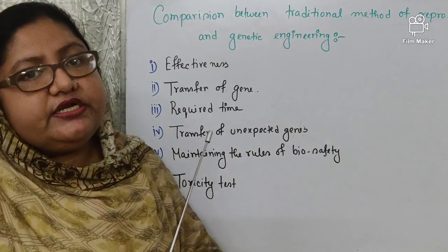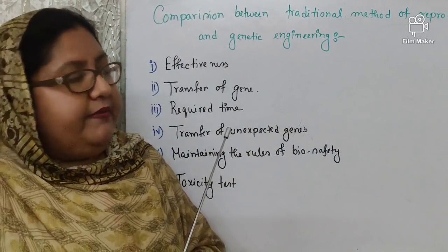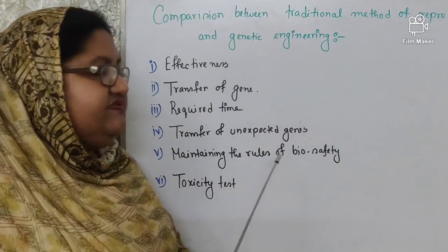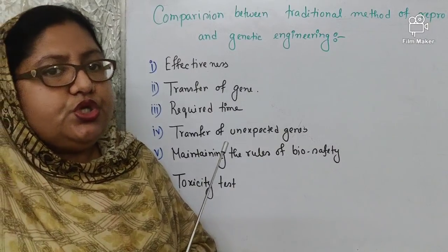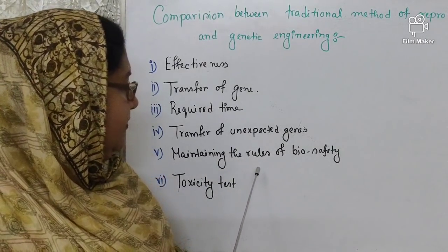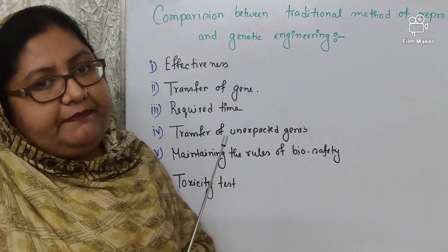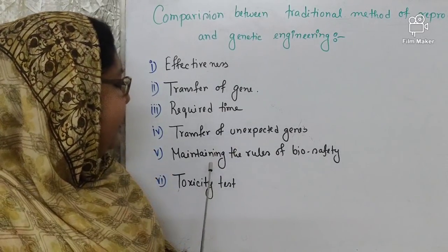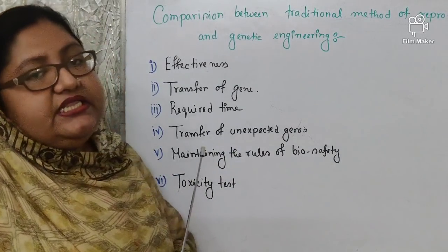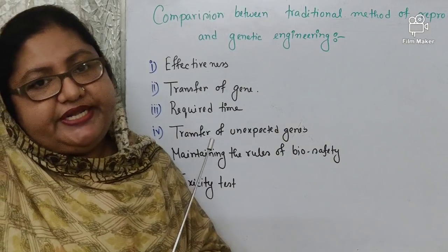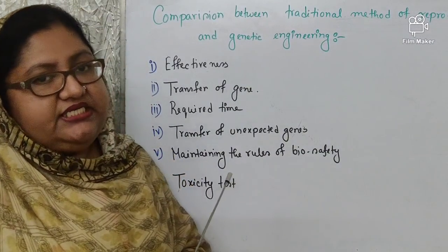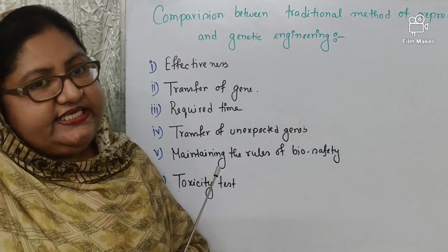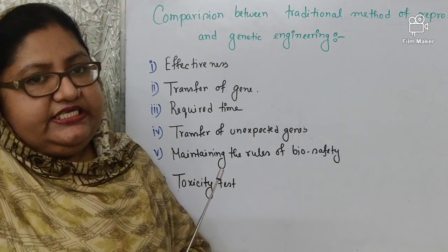In traditional reproduction, the rules of biosafety are not maintained, but in genetic engineering, the rules of biosafety are maintained. And finally, toxicity test. The test of toxicity is not done in the traditional method of reproduction, but it is done in case of genetic engineering.